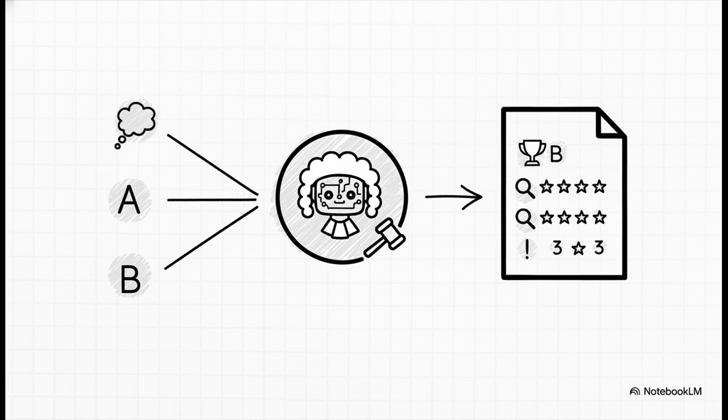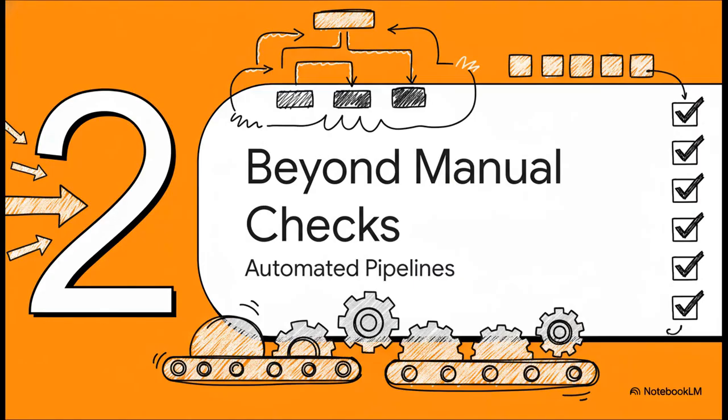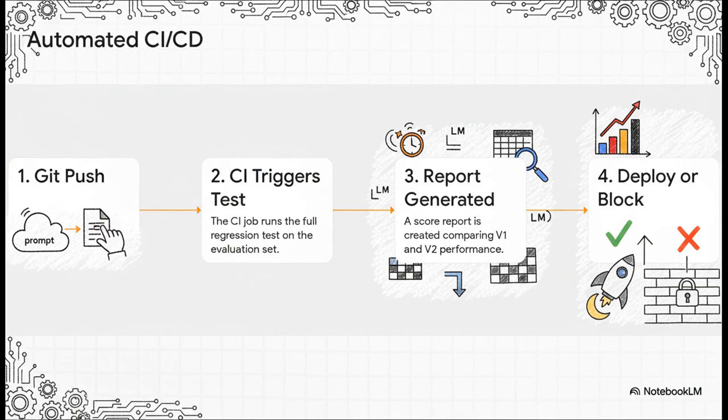It's shockingly good. Now, running these tests by hand is a fantastic starting point, but where the real magic happens is when you automate it. Let's look at how you take this from a thing you do once in a while to a core part of a professional, automated development pipeline. Just imagine this for a second. A developer pushes a new prompt to the codebase. That push automatically kicks off a CI/CD job. That job runs the entire regression test on your dataset, spits out a score report, and here's the best part.